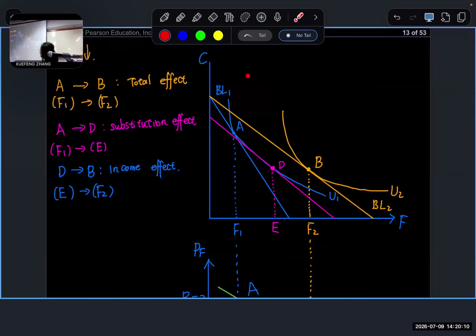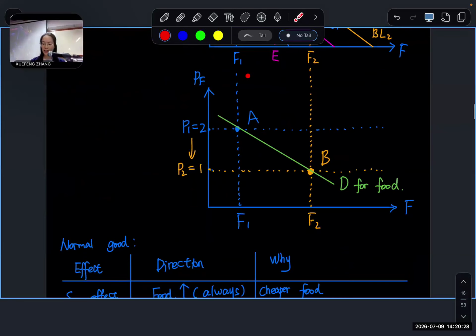It's the imaginary budget line. We cannot observe it in reality, we just imagine it. That's why we draw it, in order to decompose the substitution effect and income effect.